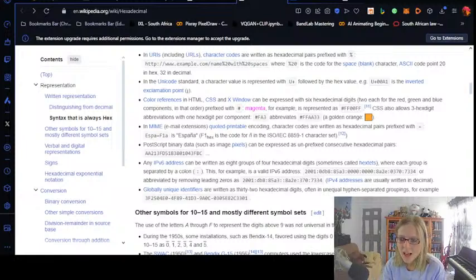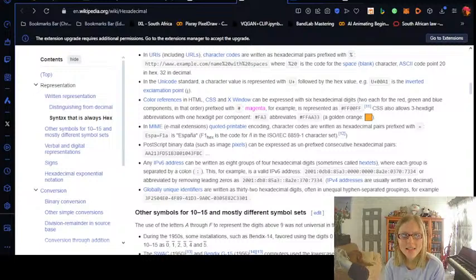So we were on IPv6. What I find great about this is that initially when we got into hexadecimals, we picked up that it applied to your crypto address, your private keys, your public keys, block hashes, transaction IDs.